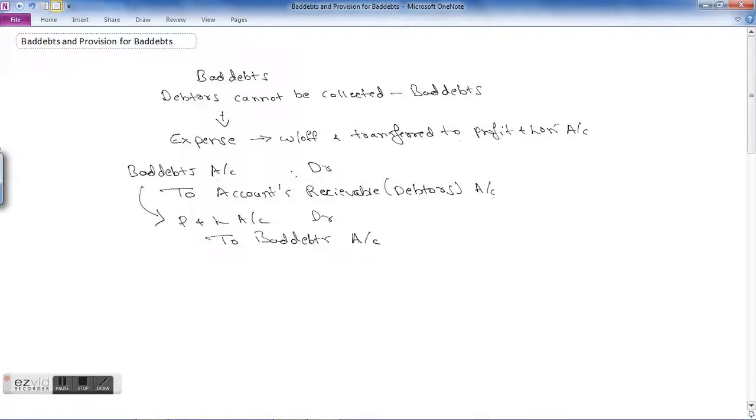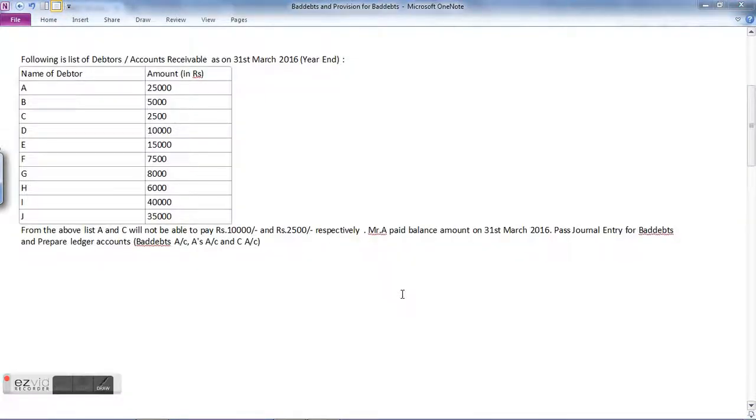Now let us see one example. Let us pass the journal entries and prepare the bad debts account and debtors account. Following is the list of debtors, accounts receivable, as on 31st March 2016, which is the year end, with the name of the debtor and the amount in rupees. From the list, A and C will not be able to pay rupees 10,000 and rupees 2,500 respectively.